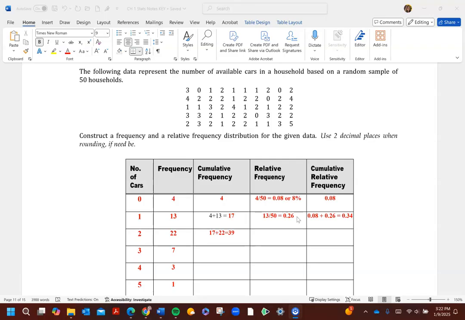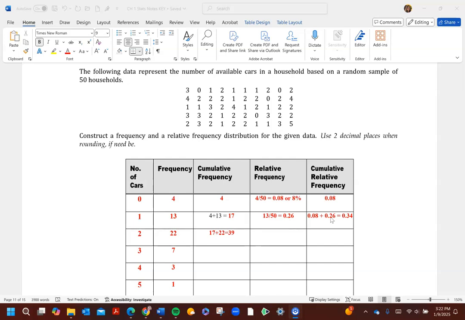Okay, I've gone ahead and filled in the next one too. Make sure you go back to frequency. Usually I like to have the frequency and relative frequency next to each other, but you would go back to 13, divide by 50, and you would get 0.26.